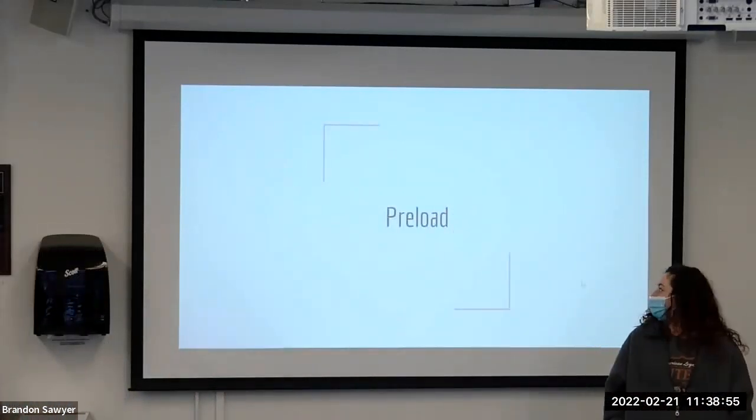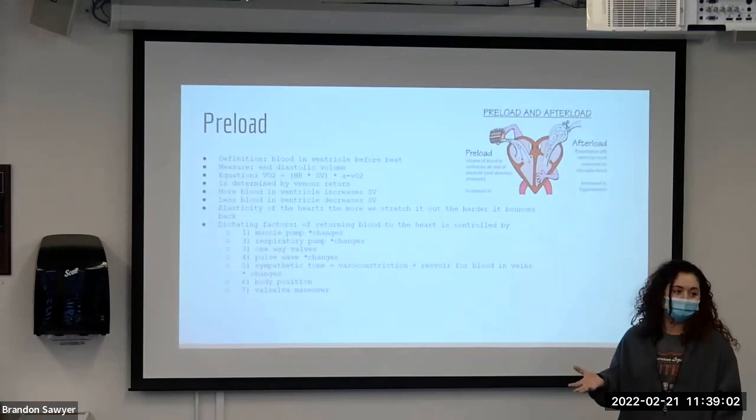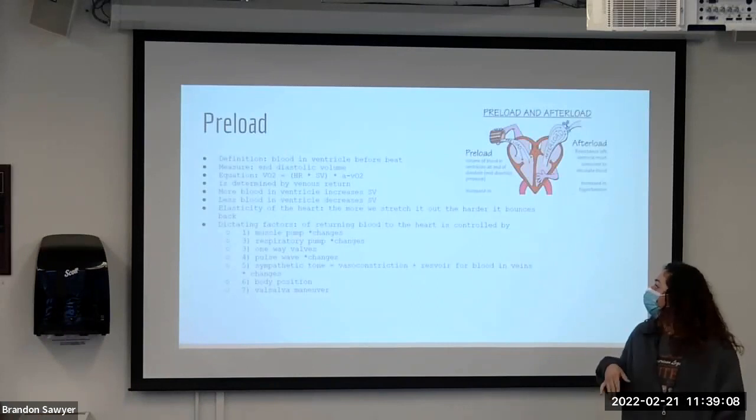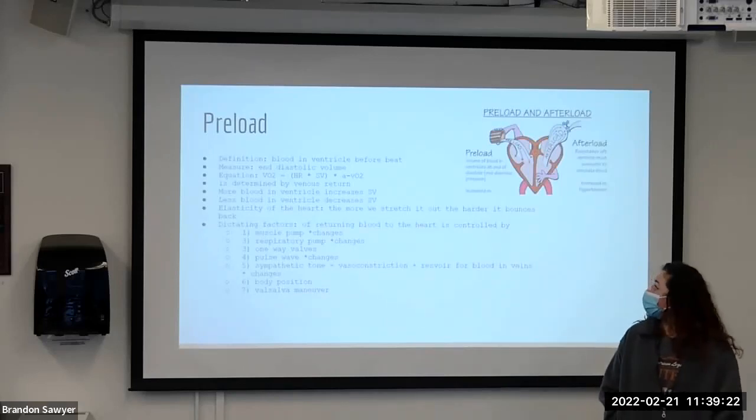Okay, so our section is preload. Basically, preload is the blood in the left ventricle before the heart beats. This is also known as end-diastolic volume. The equation is VO2 equals heart rate times stroke volume times the arterial-venous difference in oxygen. Preload is determined by venous return, so the blood returns to the right atrium.